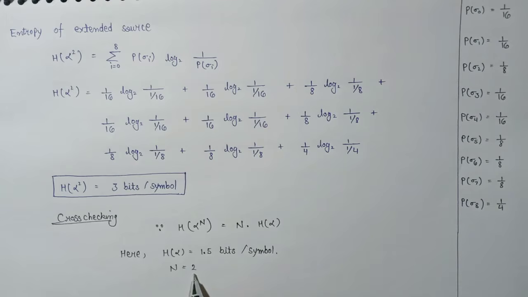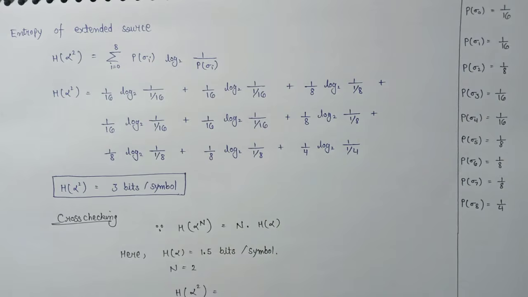So if we calculate the value of H of alpha to the power 2, then in place of n we write 2, in multiplication with H of alpha, that is 1.5 bits per symbol.